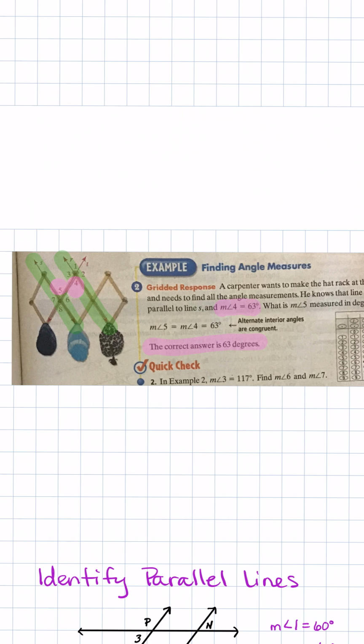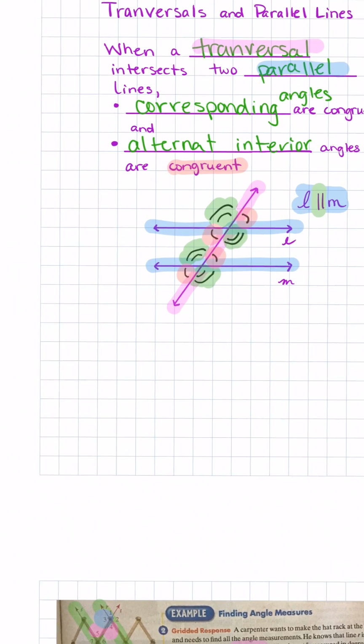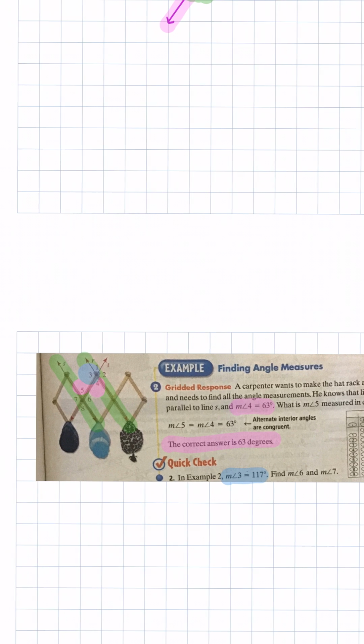Now continuing in example 2, the measurement of 3 is 117 degrees. Find the measurement of 6 and 7. Here's 3, and we know that this is a corresponding angle.